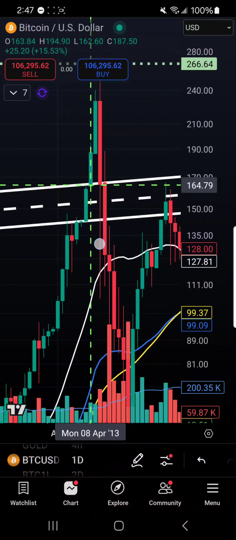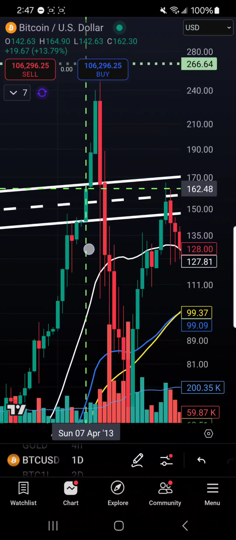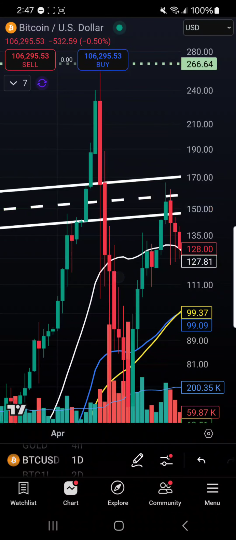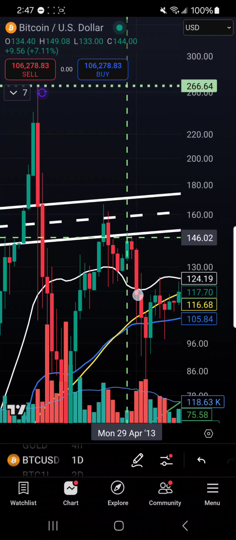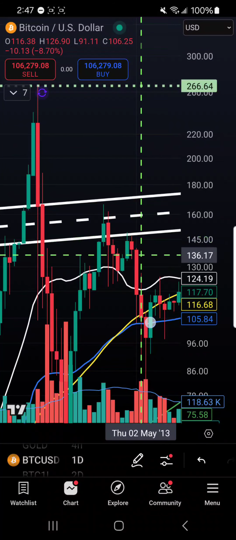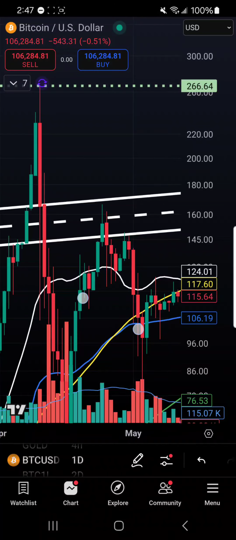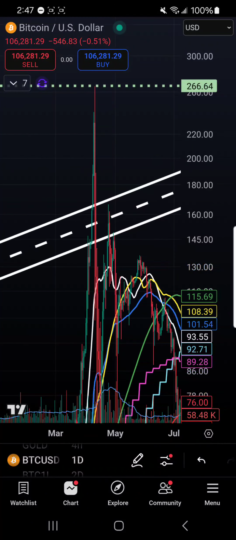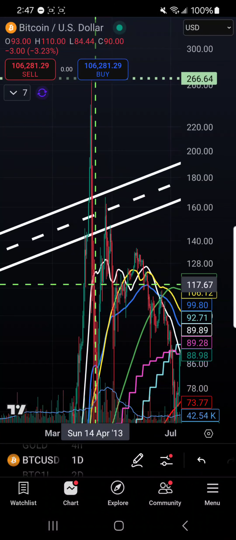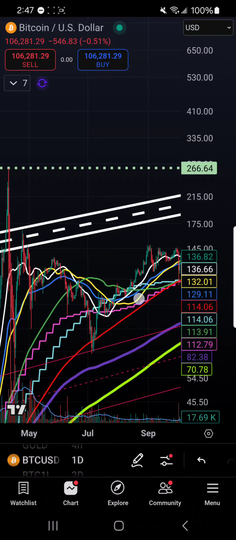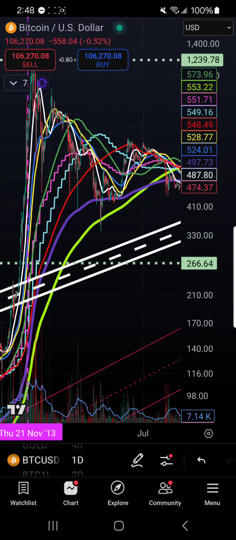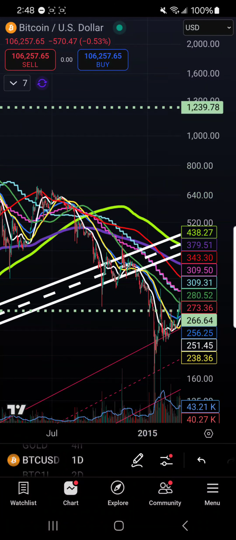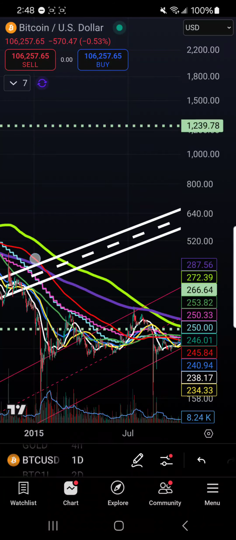Up to the top of the channel on these daily candles and closed on the center line right here, and then came up and the channel acted as resistance here before we came down. So all the way from 2013, this channel has played a significant role in the parabolic bull portions of Bitcoin's history.